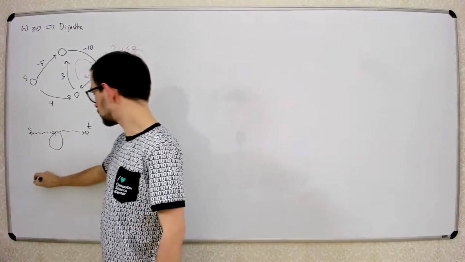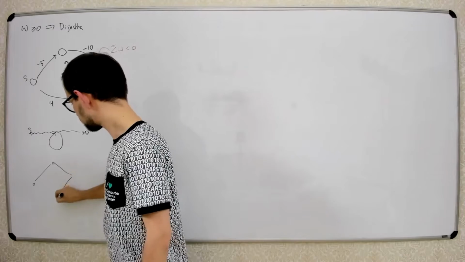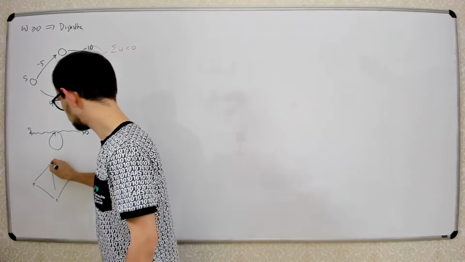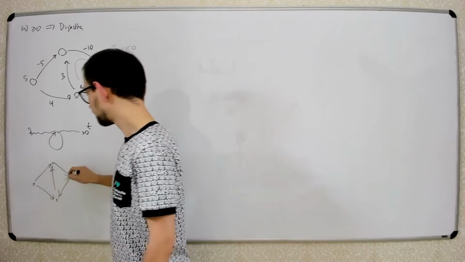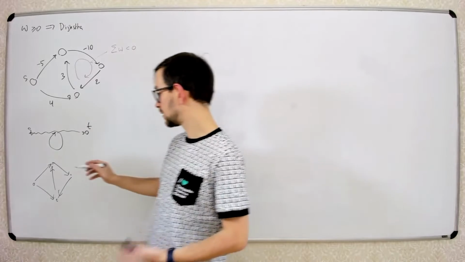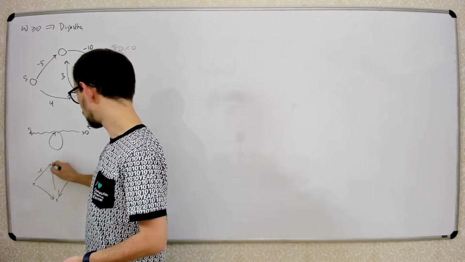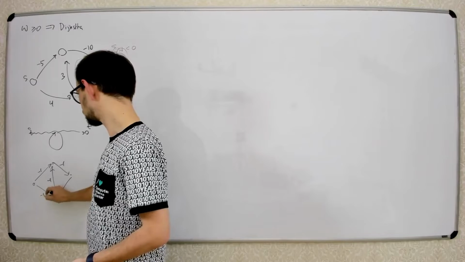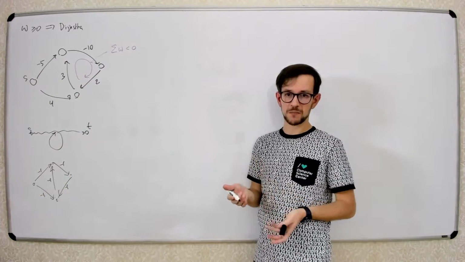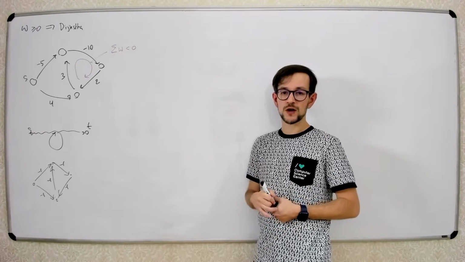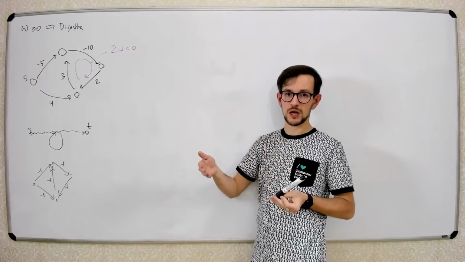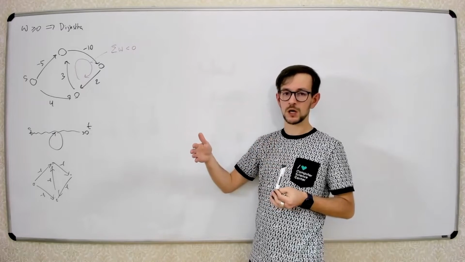Then you have some graph again. Let's make it a directed graph. And you want to find the Hamiltonian path in this graph. So what you can do is assign, let's say, weight -1 to all the edges of this graph. And now in this graph, you want to find the shortest simple path. If you find the shortest simple path, the length of this path will be the number of edges you visit, and you want to maximize this number.